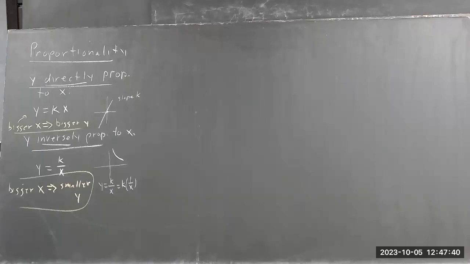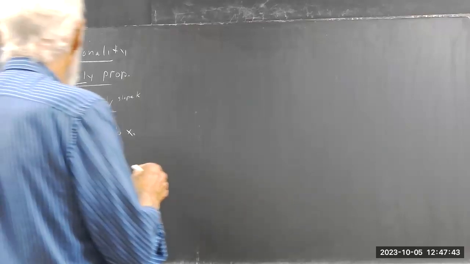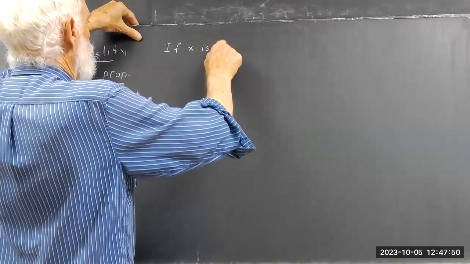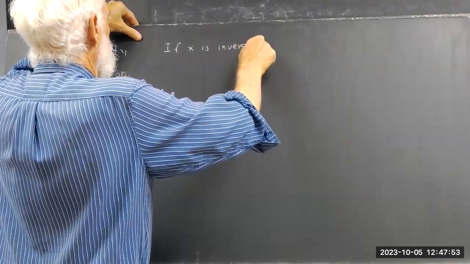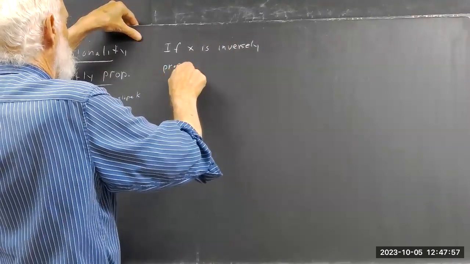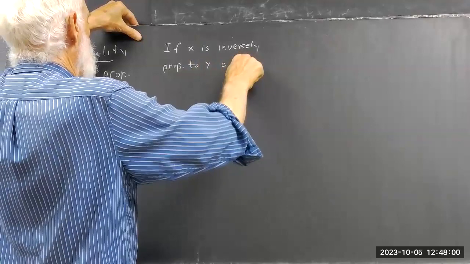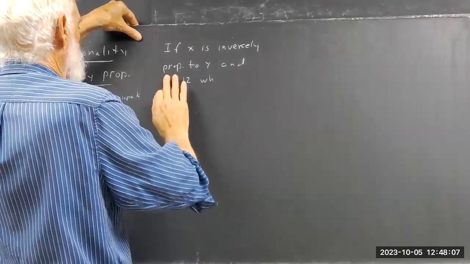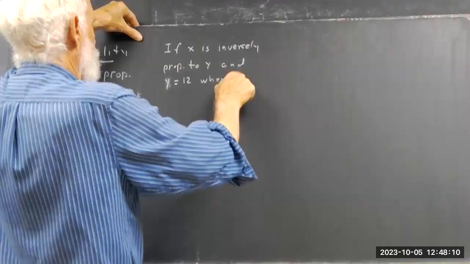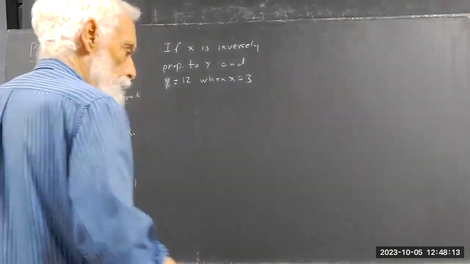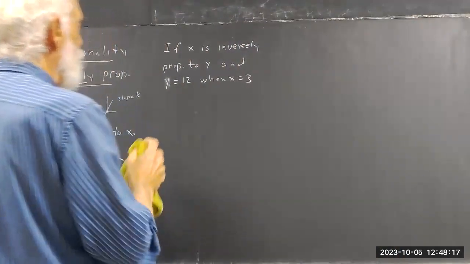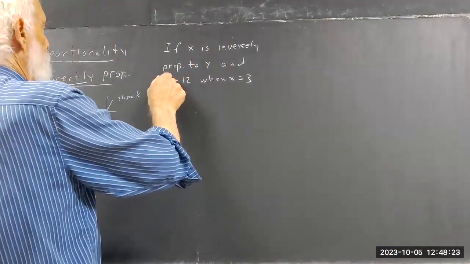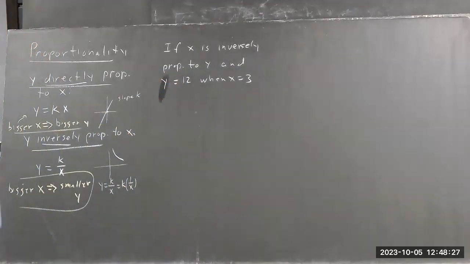Now, how do you use proportionality? Well, here we go. If X is inversely proportional to Y, and Y equals 12 when X equals 3, then what does that tell you?